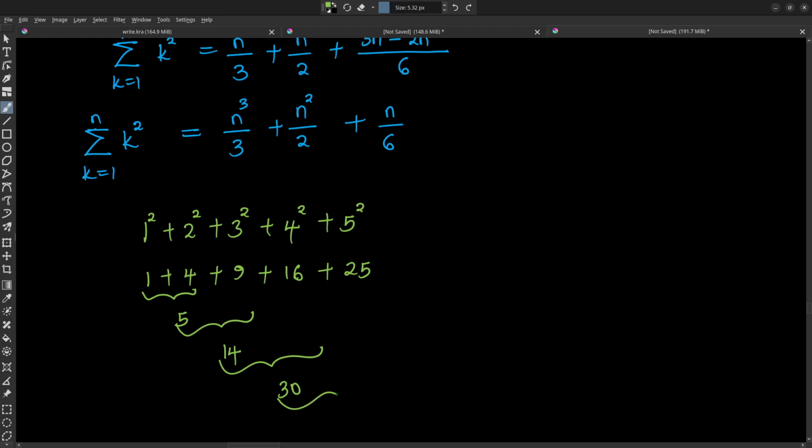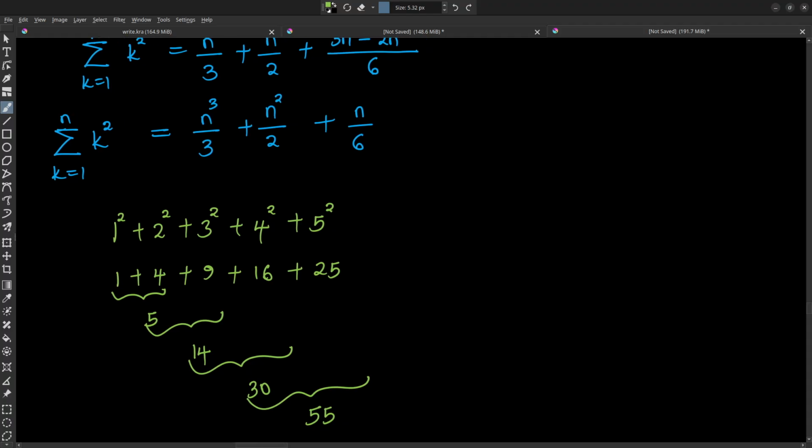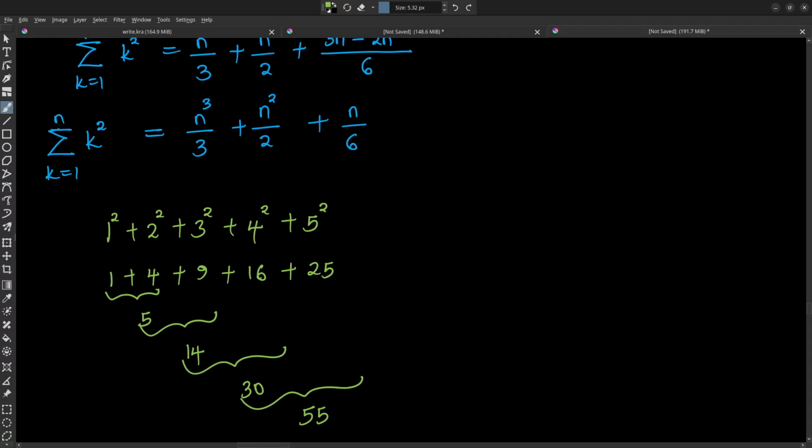And then I do 30 plus 25, and that's going to give me 55. Now, let's use our formula. When we use our formula, it should give us the same answer. So in our formula, we are basically finding the summation of k squared from k equals 1 all the way to k equals 5, right?